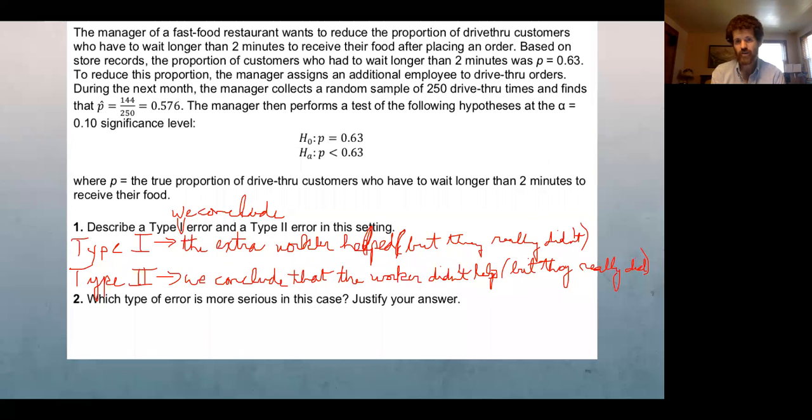And the biggest consequence here is that we're paying an extra worker. All right. So extra worker payment. All right, so that's the biggest consequence right there, I would say. Type 2, we conclude that the worker didn't help, but really they did. And the biggest consequence here is that more people have to wait longer.